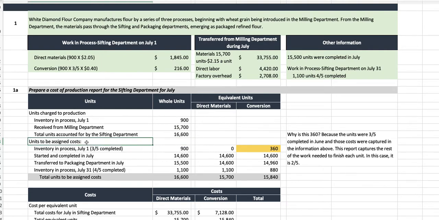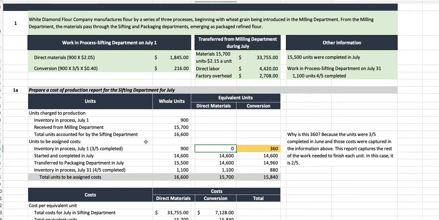Now we need to calculate the units to be assigned cost. So we have our inventory in process, and we know that only 3/5 of it was completed. We know from the problem set above that we have 900 units total. We did not assign any units to direct materials beginning in July 1st because we assigned direct material costs for beginning inventory in the beginning of the process.